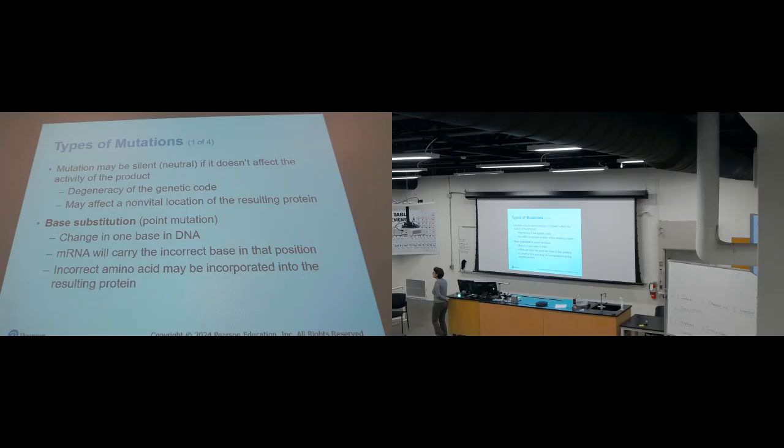In these point mutations, if you change the amino acid, then you will bring a new amino acid into the polypeptide chain. But if it's a point mutation that doesn't affect the reading for a new amino acid, it will be the same amino acid, and in this case it will be neutral.